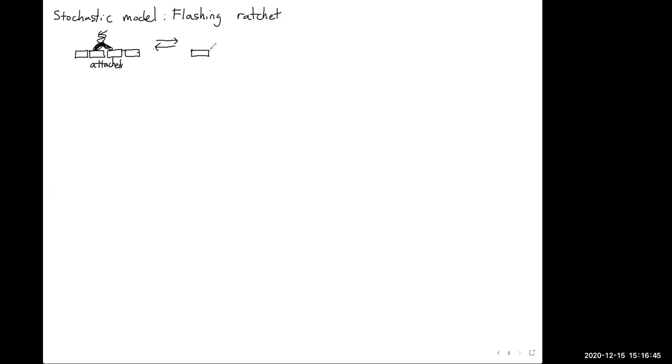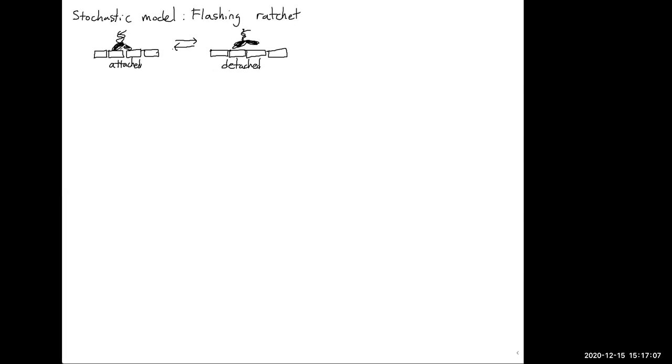It can go to a detached configuration like this. So it can detach. It is now detached from the polymer, from the track. This is the detached state. Of course, there are fluctuations in the motion of the motor, both in the attached and in the detached state.